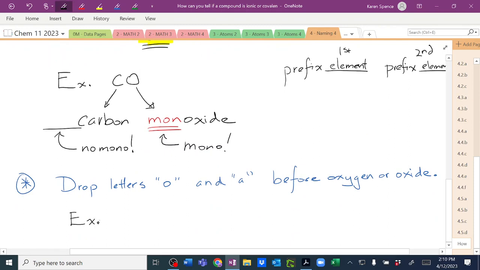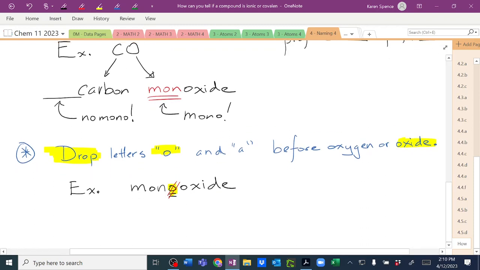So our first example, we would take mono oxide, and we would look at that O and we would say, I have an O, and it is before oxide. So do I get rid of it? Yes, I do. Okay. And hopefully that one looks a little weird, like monoxide. Ugh, it looks strange, yes?